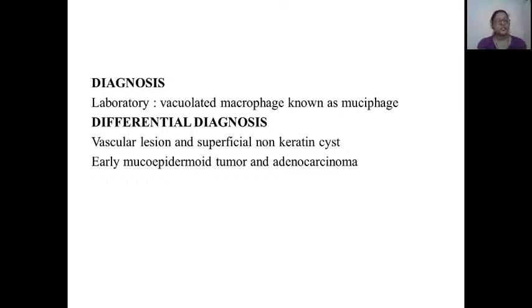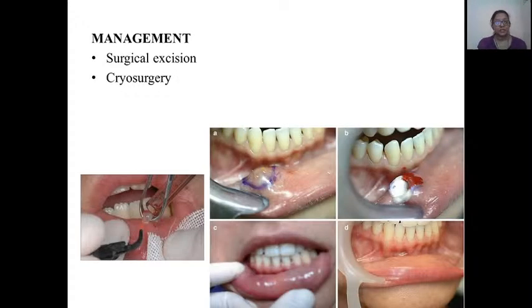We can differentiate these by aspiration, and early mucoepidermoid tumor and adenocarcinoma with the help of metastasis. So, in this way we can differentiate those. The management is surgical excision. We can either completely surgically excise it, or we can do it by a cryoprobe through cryosurgery.